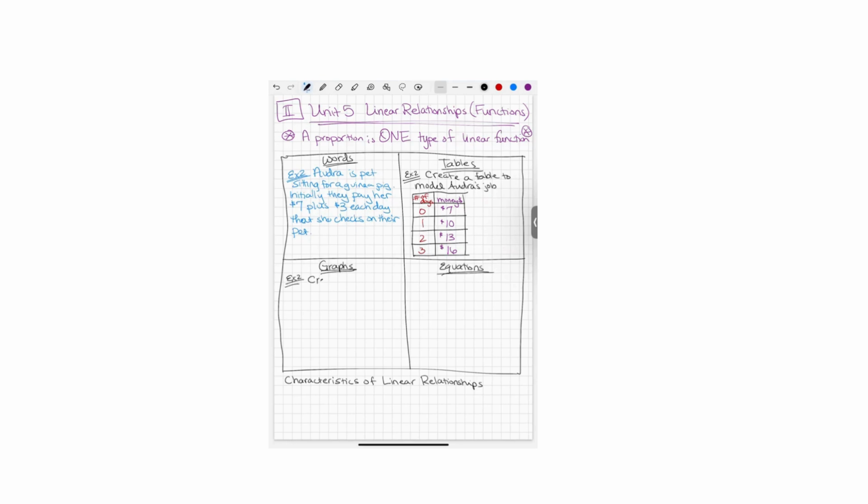So create a graph. Just like before, we want to label it, put our points on there. I'm going to count by twos.